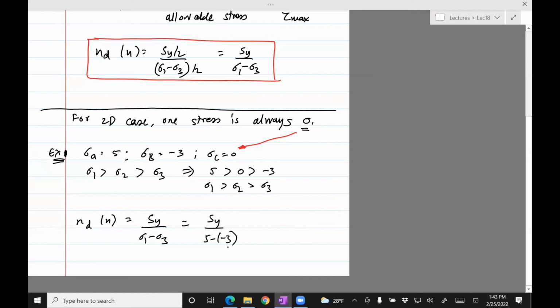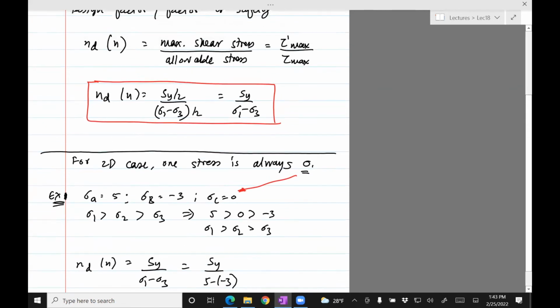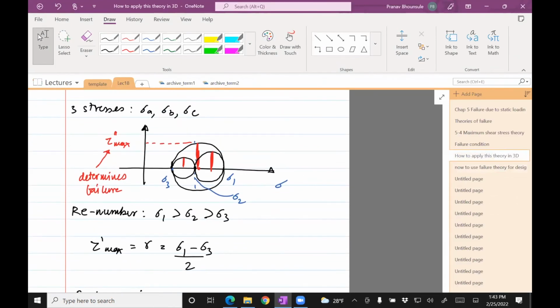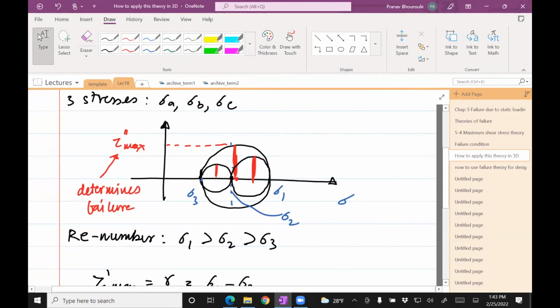Professor, I have a quick question. Yeah. Why are we arranging them in descending order? Because we are trying to treat the 2D case as a 3D case. In fact, it's a special case. You'll always have 3 circles in 3D.